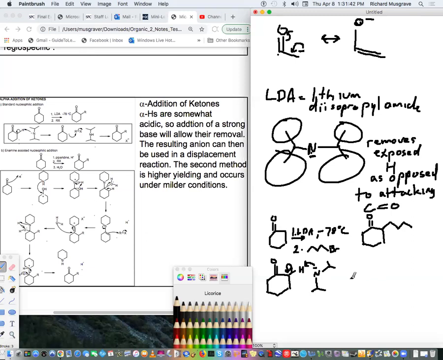The first step here is the removal of the H to get the negative here, and then it attacks the bromide at the C that has the bromine on it.